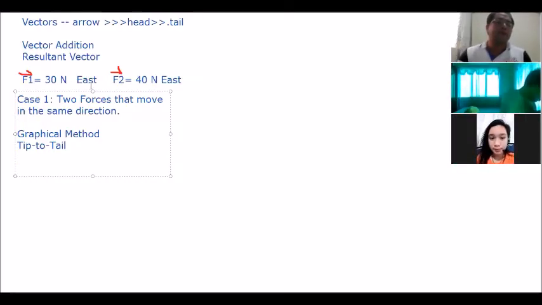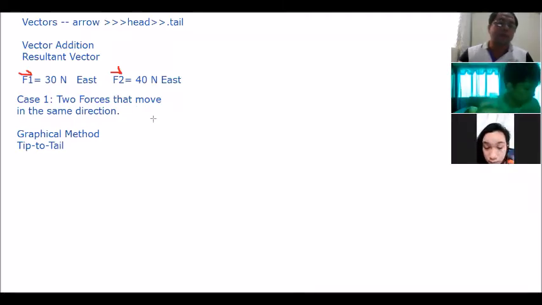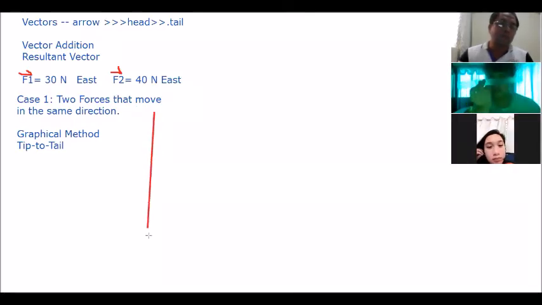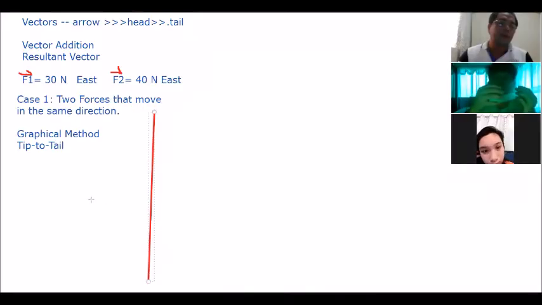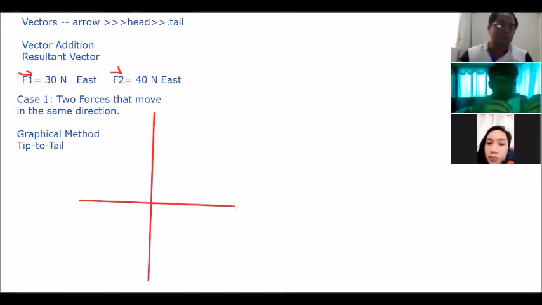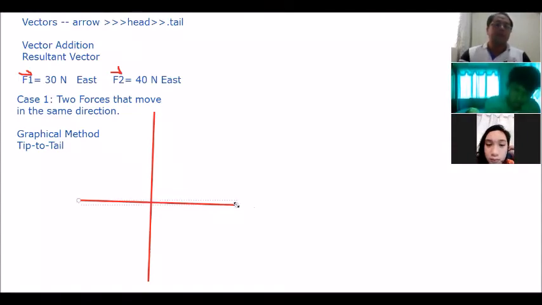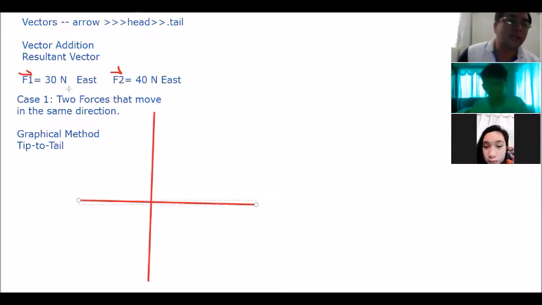So how do we combine together these forces that move in the same direction? If we are to deal with a graphical method, then we use our directional guide. The directional guide will be indicating the lengths of our vector.